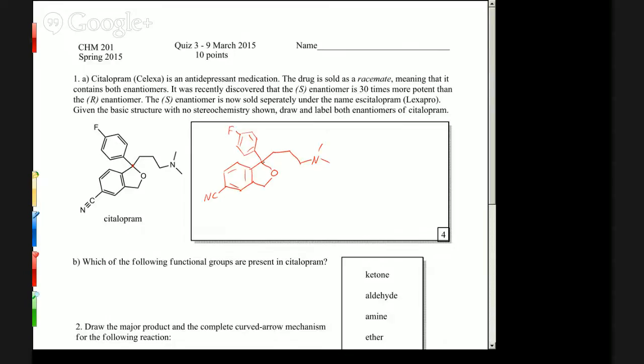So let's set up our priorities. We look around here. We've got oxygen, carbon, carbon, carbon. So oxygen is going to get first priority, right? Then carbon, carbon, carbon. Well, these 2 carbons have double bonds to another carbon, and this one just has a single bond to another carbon. So that's probably going to be our lowest priority, number 4.